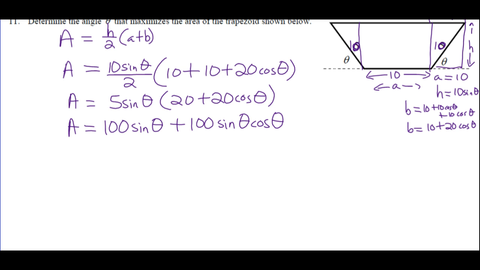And I know that 100 sine theta cos theta can be written as 50 times 2 sine theta cos theta, which is 50 times sine 2 theta. Right? So let's replace the 100 sine theta cos theta with a 50 sine 2 theta.